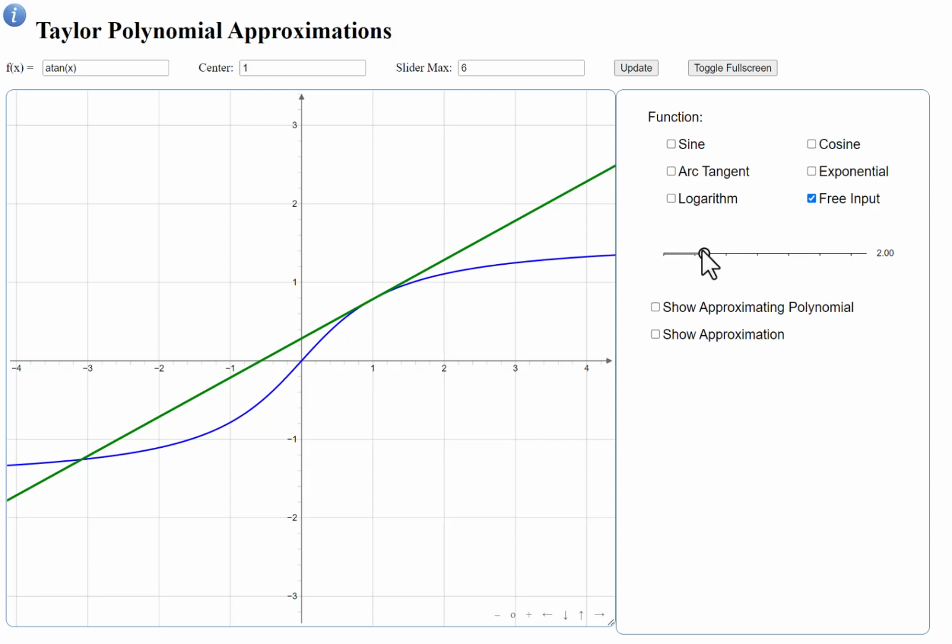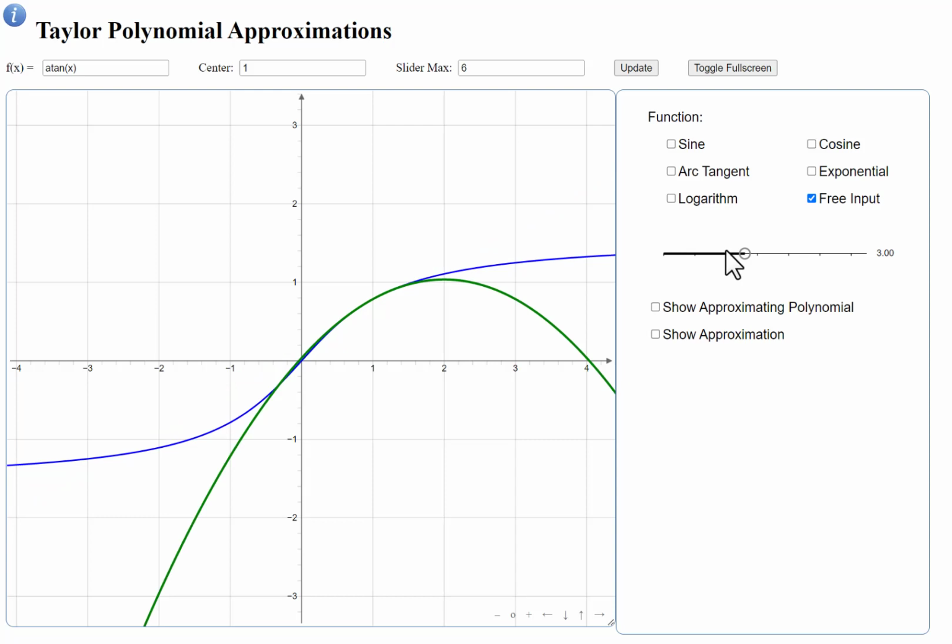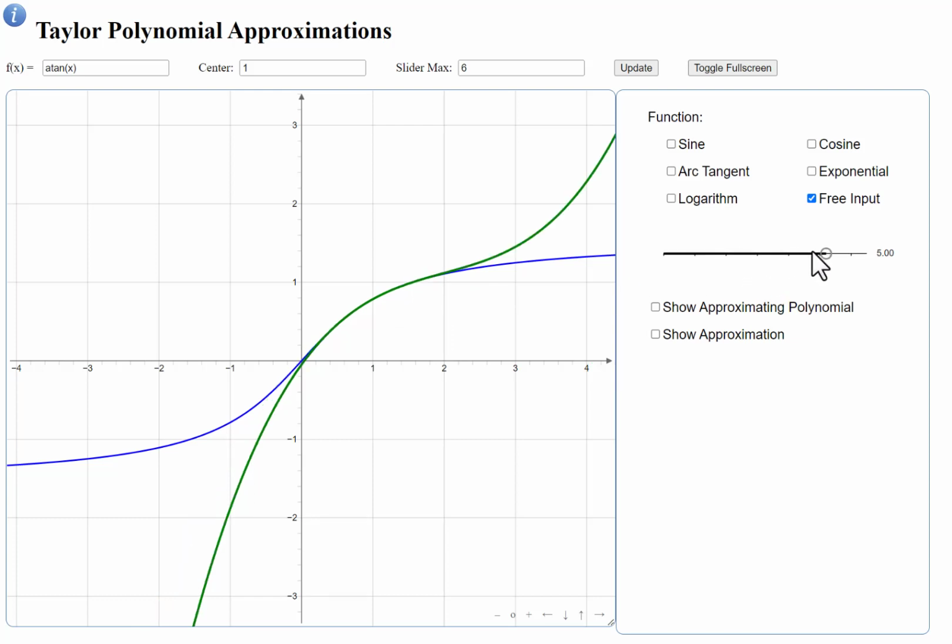And as I increase the number of terms, I should start to be able to converge on the value 2. As I increase, you can see here that the approximation at 2 is starting to work out. Since I centered at 1, it looks like it's going to converge between 0 and 2, and that's about it.